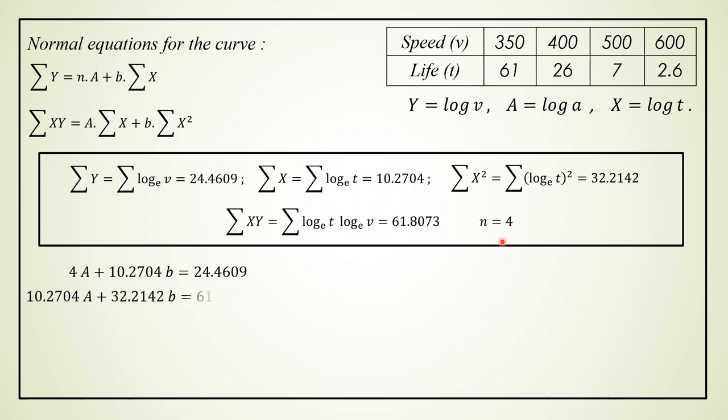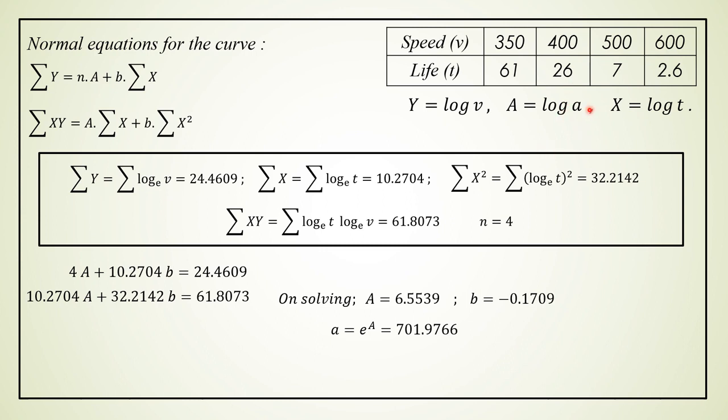Substituting the summation values, we get a simultaneous equation with two unknowns. On solving these two equations, the value of A is 6.5539 and B is minus 0.1709. Hence, the value of capital A is 6.5539.